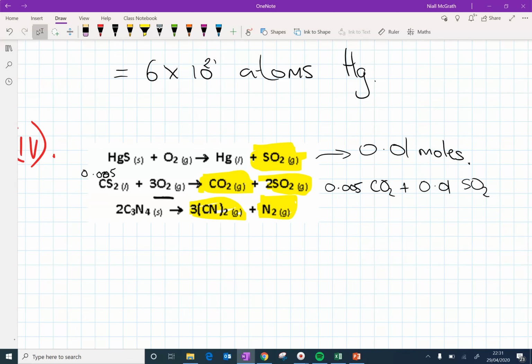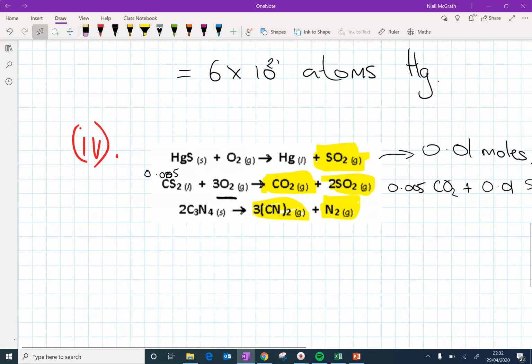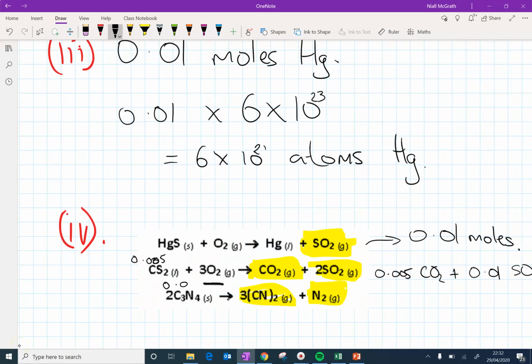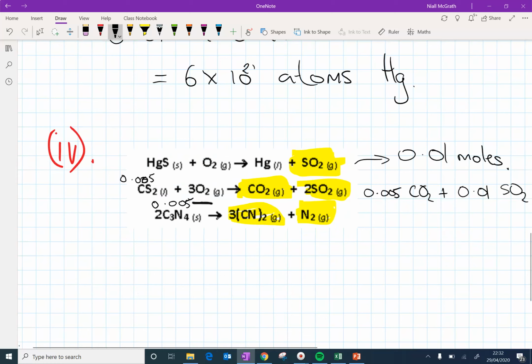Here then, we learned earlier that we have 0.005 moles of this C3N4.